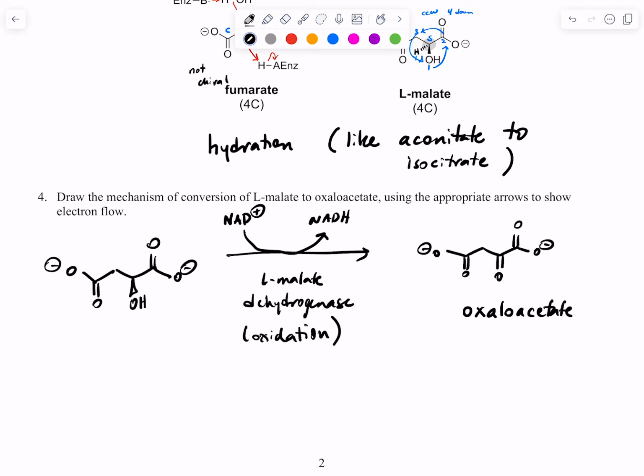Anybody stuck? Need help? So you want an NAD+.